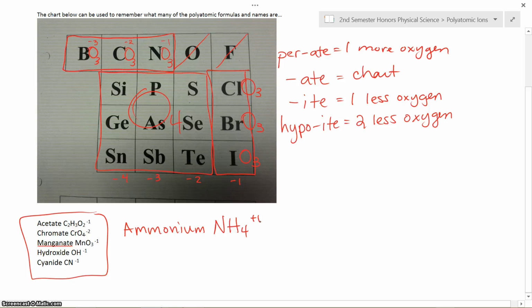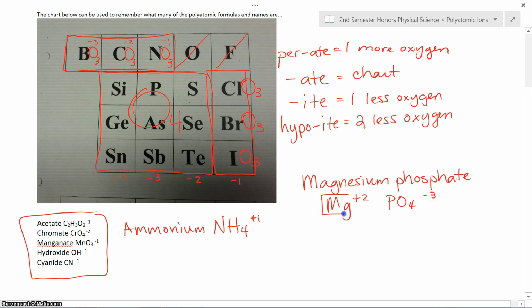So if we try to go through an example or two, let's say we have magnesium phosphate. We know magnesium is a +2 because it's in group 2. Phosphate here, so it ends with ATE, is what's on my chart. So PO4, that's phosphate, and that has a charge of -3.